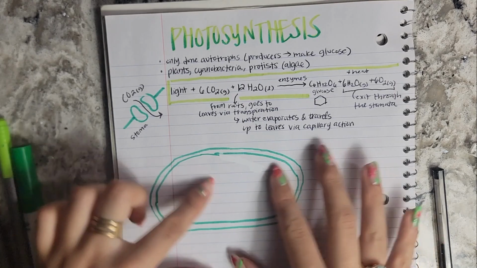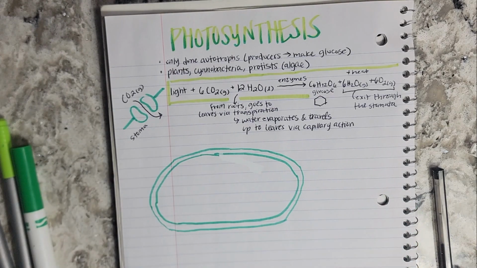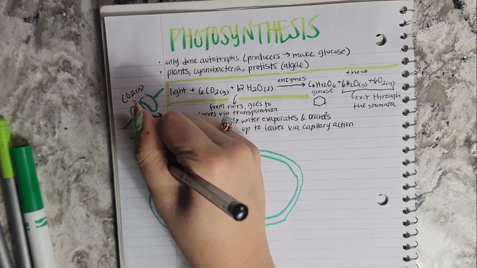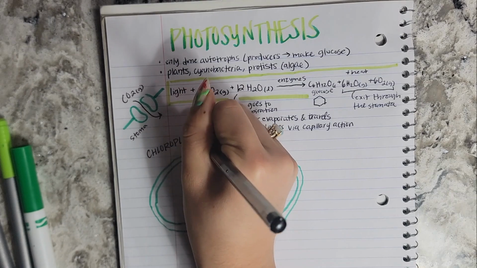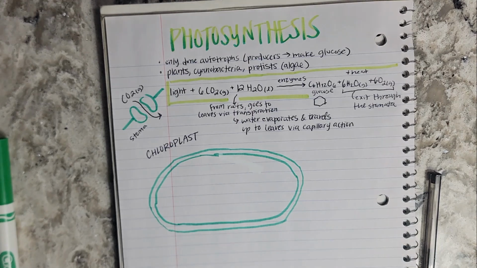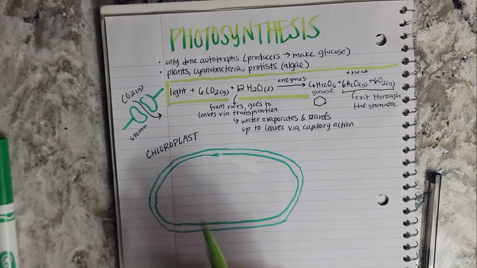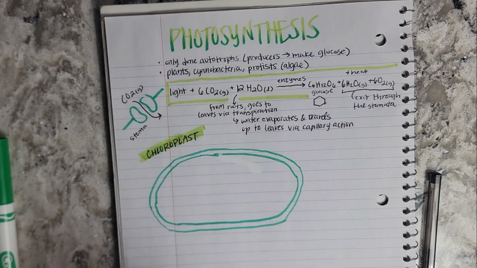And when that happened, another layer of membrane formed. So this is the chloroplast. So now, not only do cyanobacteria have chloroplasts, we have them too, says the plants. Oh, that was totally intentional.